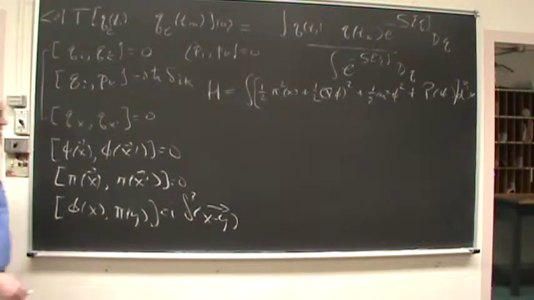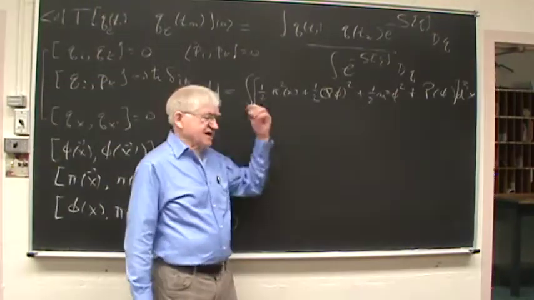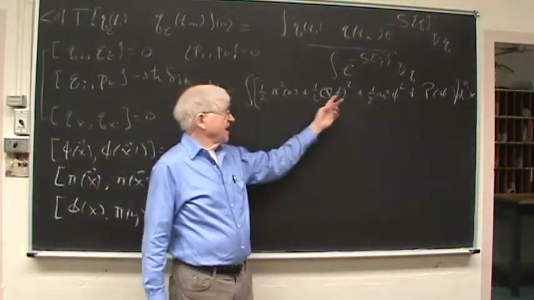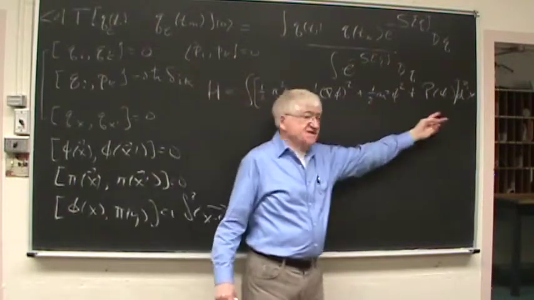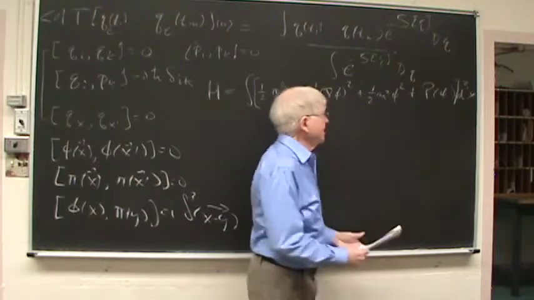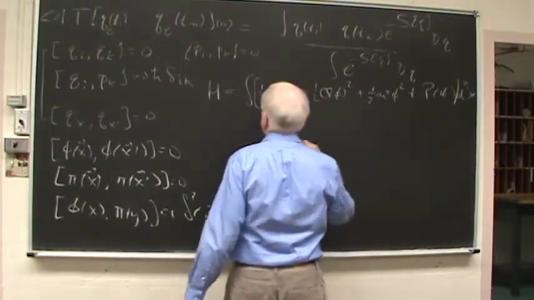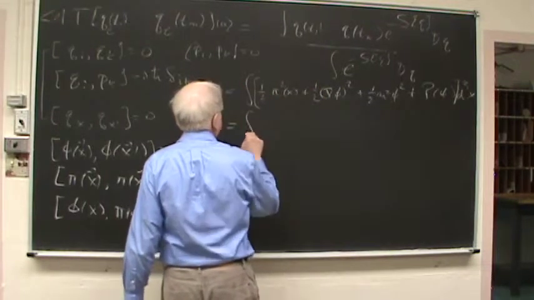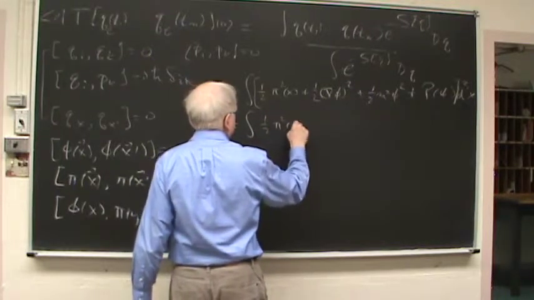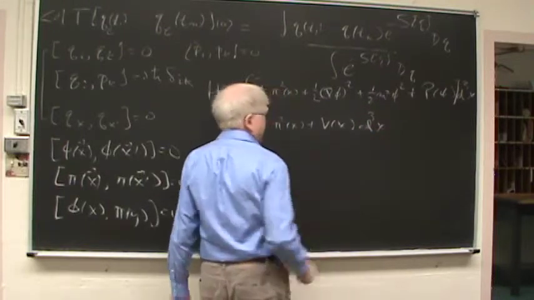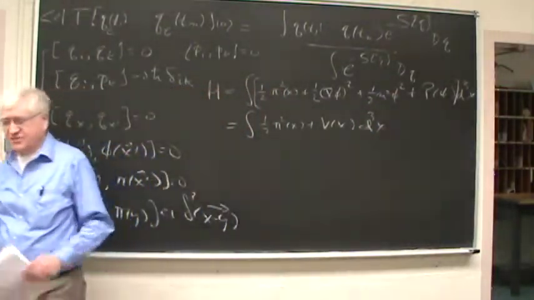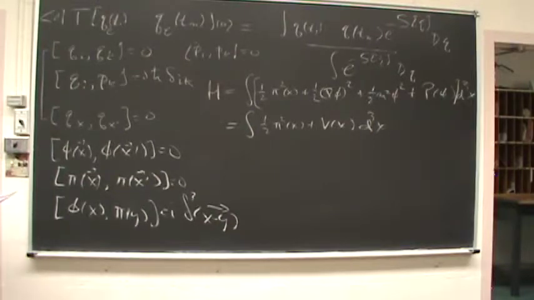Now, once again, when we go to the path integral, we know we're going to have eigenstates of phi and pi, and the eigenstates of phi are going to be eigenstates of all of this. So I'm going to rewrite this as V. So I'm going to say that this is actually an integral of 1/2 pi squared of x plus V of x, d cubed x. And V will be a function just of phi. Okay.